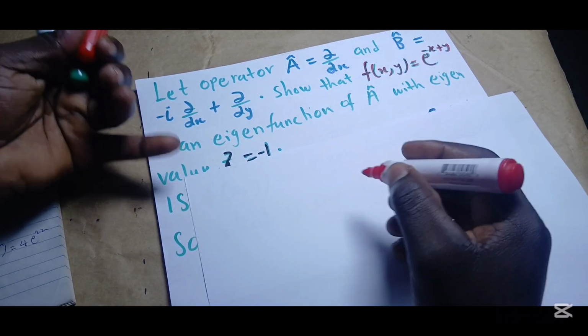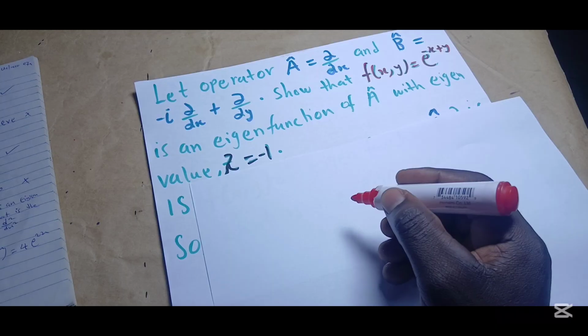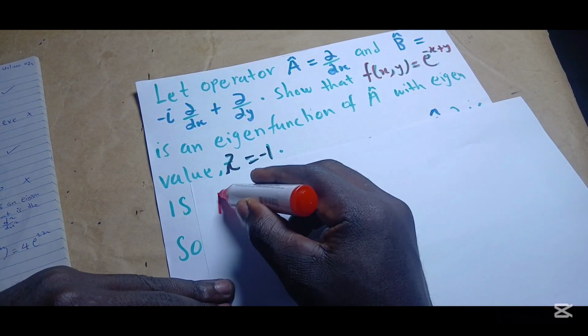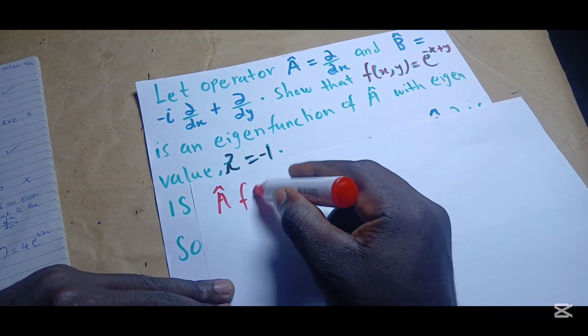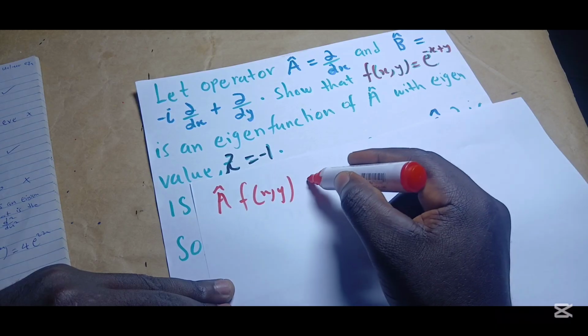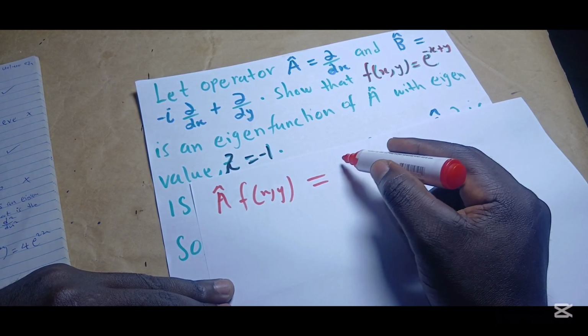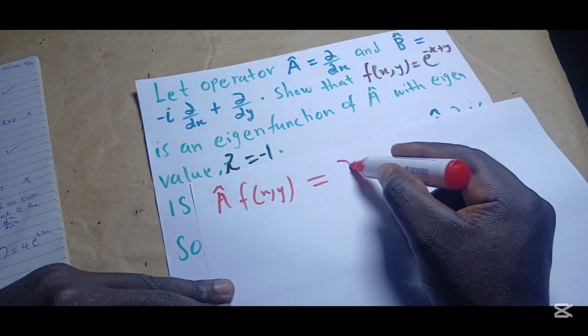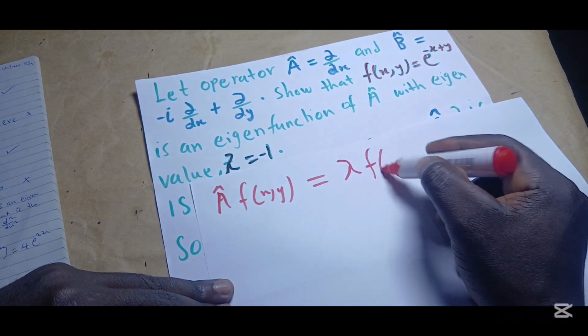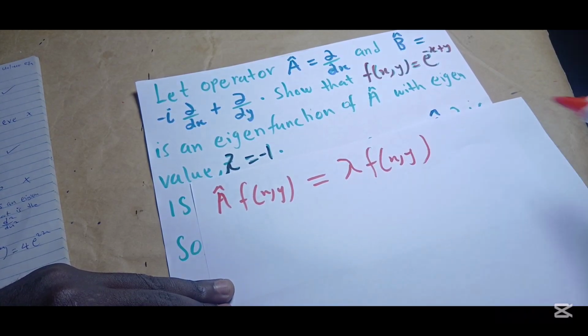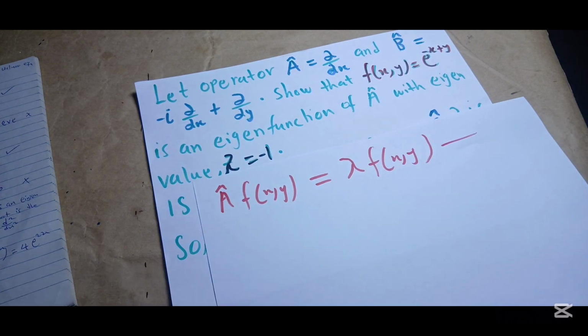Part 1, we are talking about operator A. So operator A operating on f of x and y should give us lambda f of x and y, if it is an eigenfunction.